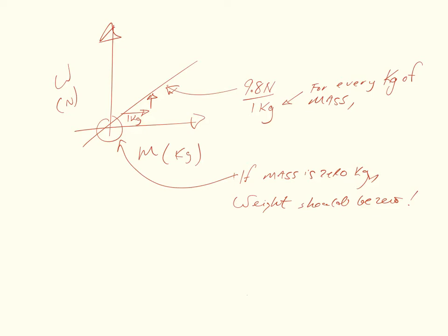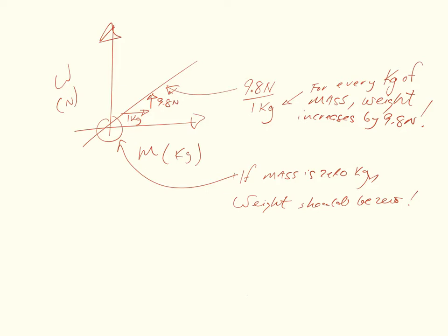The weight. Every time you go 1 kilogram more in mass, the weight increases by 9.8 newtons. So you get a change in force due to gravity for every kilogram you move to the right.